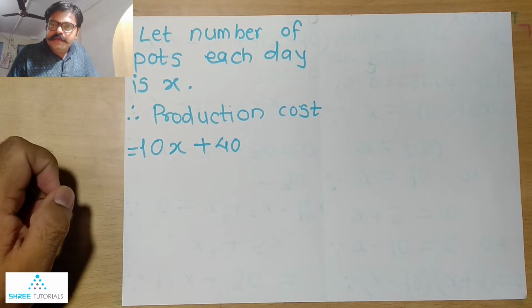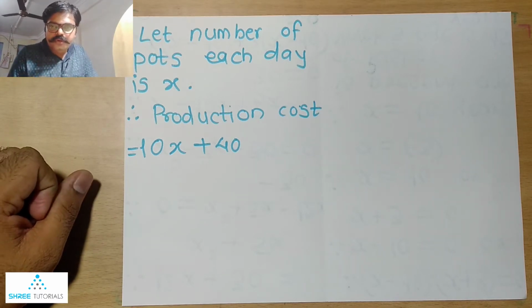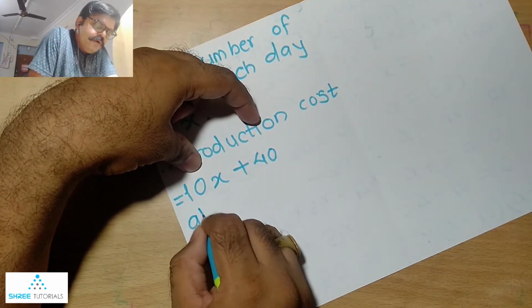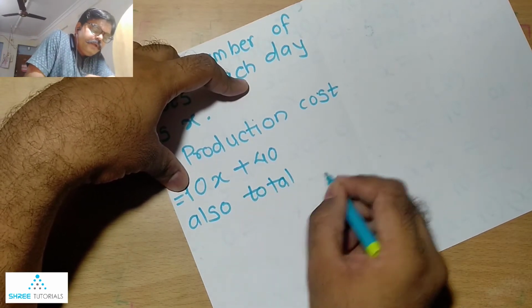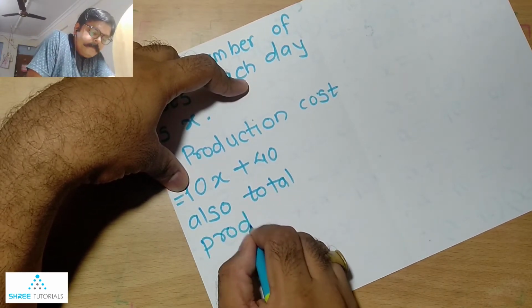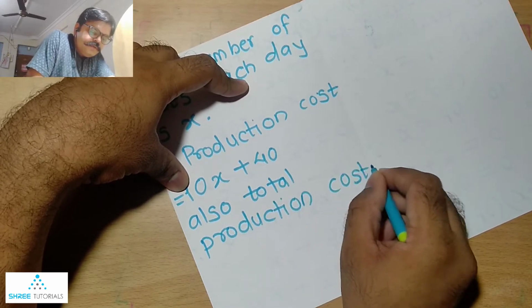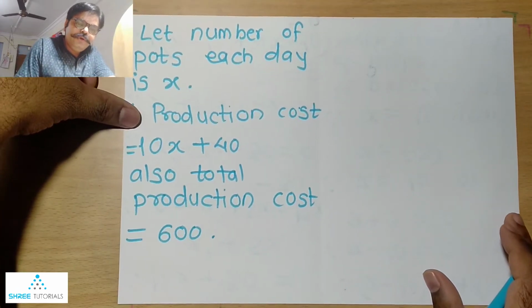But one more thing they have given us is that the total production cost was equal to 600. So that is also what we are going to list over here. Also, total production cost is equal to 600. So that is also what we are going to utilize over here.